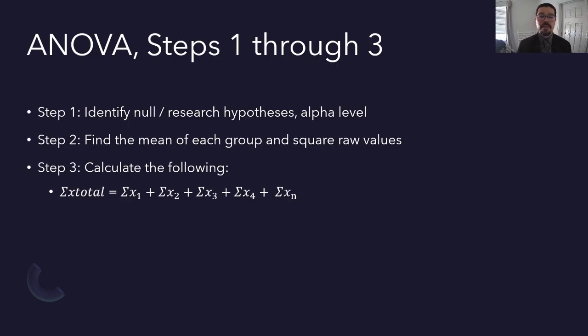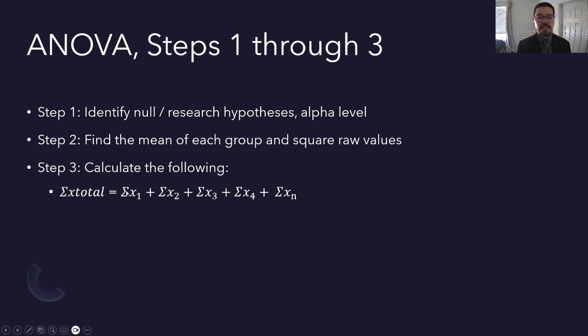For step 3, there are a couple sub-steps involved. We would be calculating the sum of X total, where we are taking the sum of each sample of scores. When we see the sum of X, that's something that we've seen before, where we're adding up all the scores. Remember that these smaller numbers, these subscripts, are now intended to indicate how many groups we're talking about.